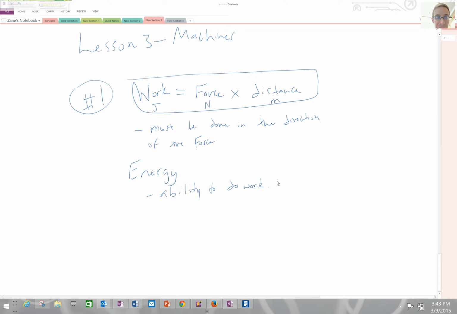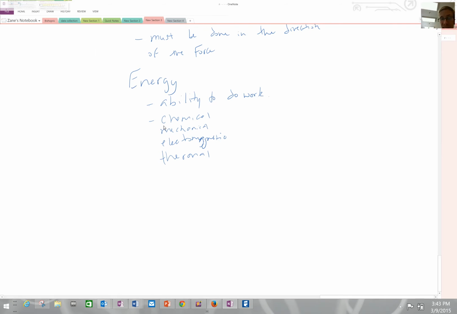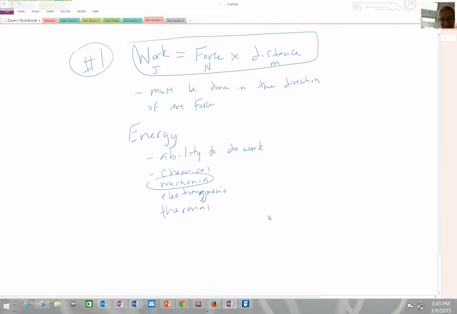We're going to talk about different kinds of energy in lesson 2, but just remember we had chemical, we had mechanical energy, we have electromagnetic energy. Don't worry about memorizing each of these to the letter. Just know that energy can come in a lot of different forms, like thermal is another example. We're going to talk mainly about mechanical in our next lesson, lesson 2.